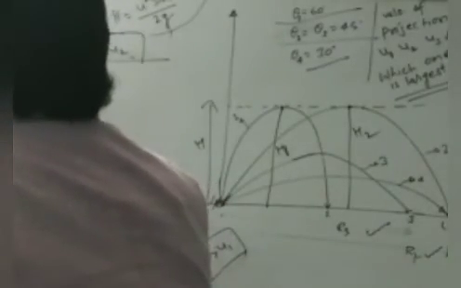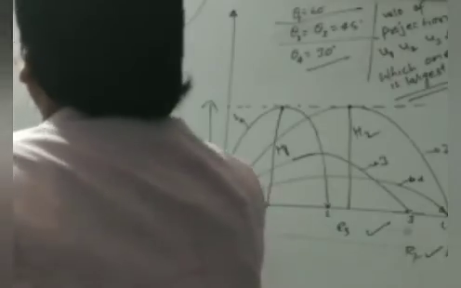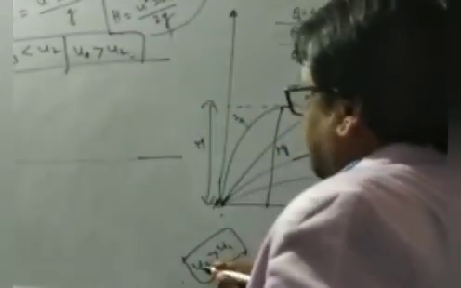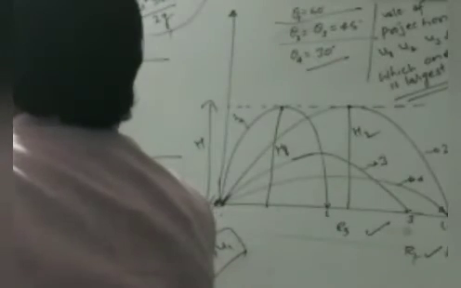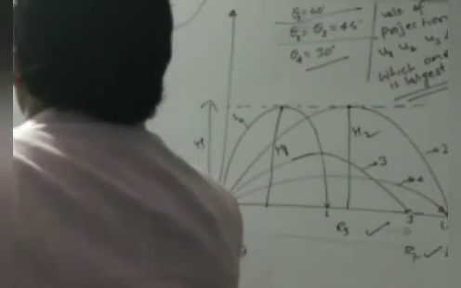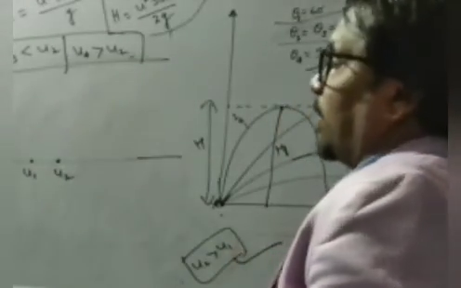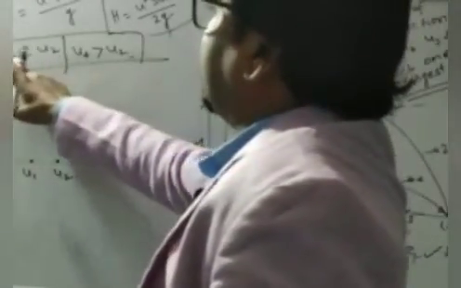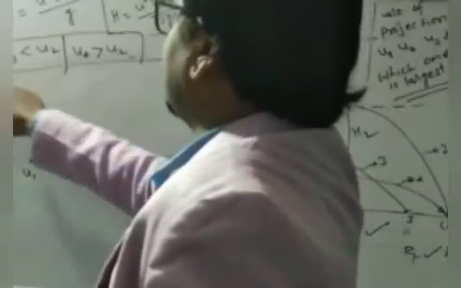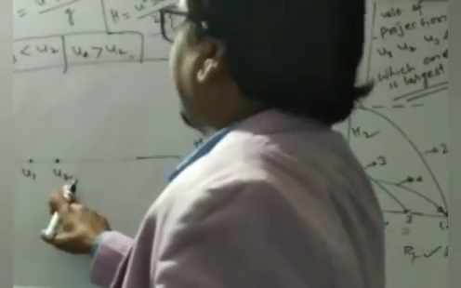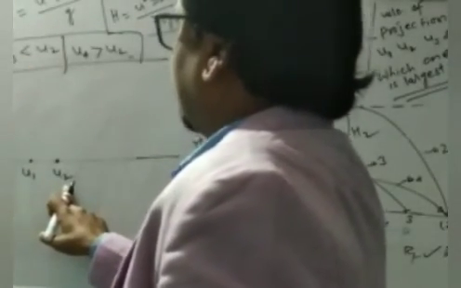Let us suppose here is 0. So u2 is greater than u1. That means if u1 is here, then u2 must be here, because as per this result u2 is greater than u1.